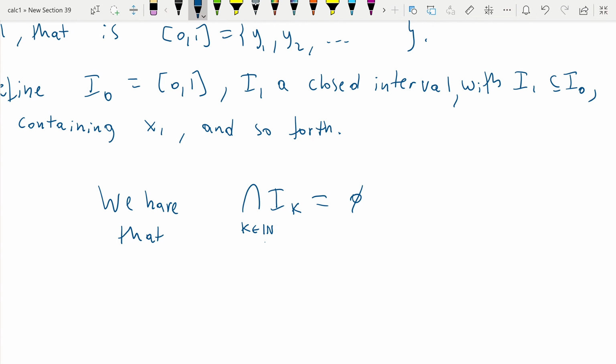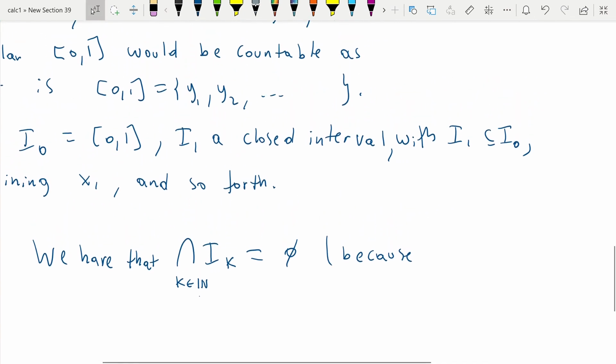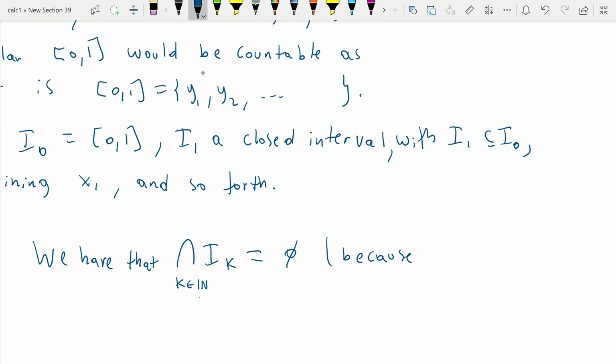We have that this intersection is empty because by construction, if you pick any element in 0, 1, so all this intersection is actually contained in 0, 1, right? It's a subset of 0, 1.